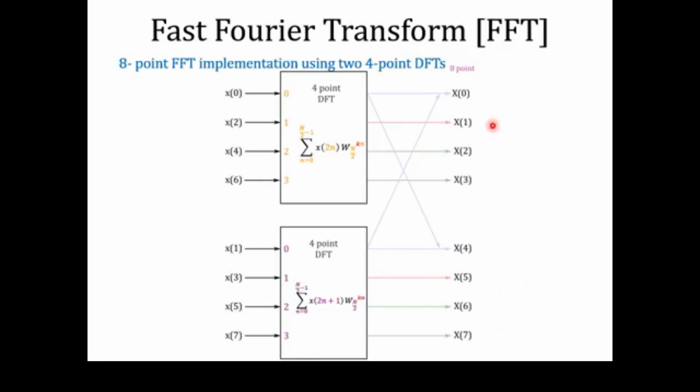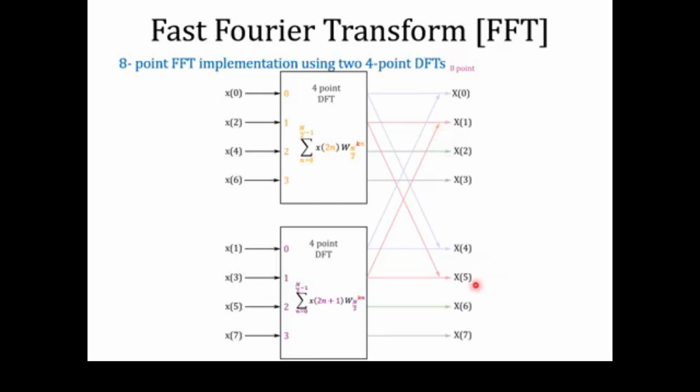Now let's see how we can calculate X of 1 and X of 5. In order to find X of 1, we have to add A of 1 and B of 1. So this is A of 1 sample, which is shown here as a straight line, and B of 1 is this sample. So we have to draw a line from this point to this point so that we can add both the samples, and the junction of two arrows shows the addition operation.